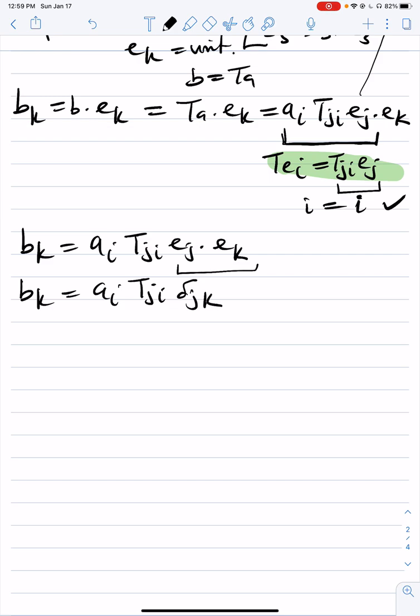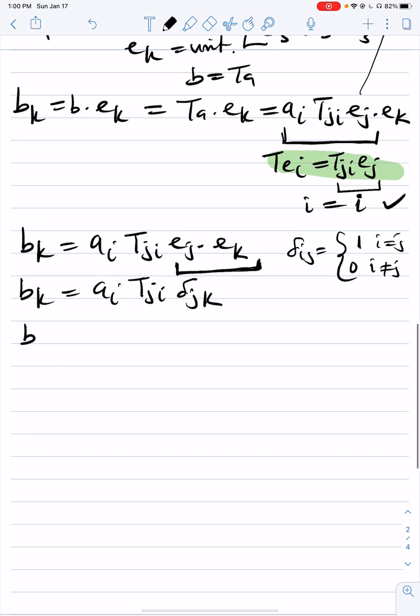If you can't remember how we got this, you just need to look at previous videos and see how we got that. The Kronecker delta is 1 if j equals k, and if they are not equal, then 0, right? So let's simplify the dot product, we get this.